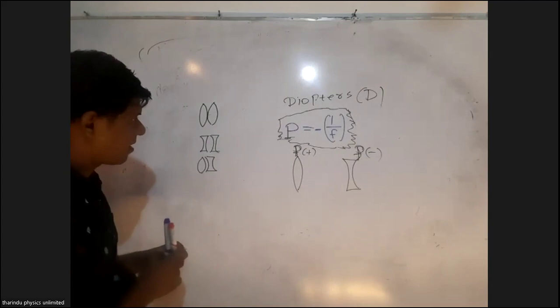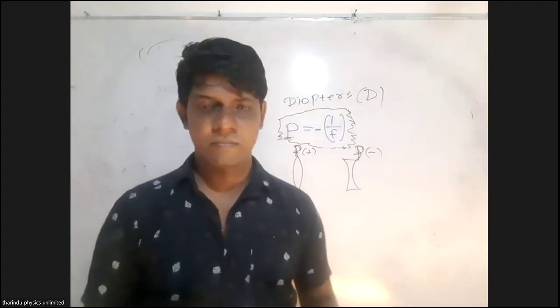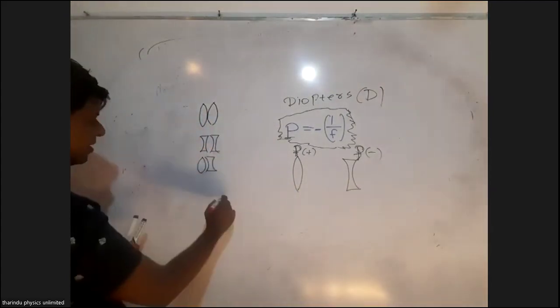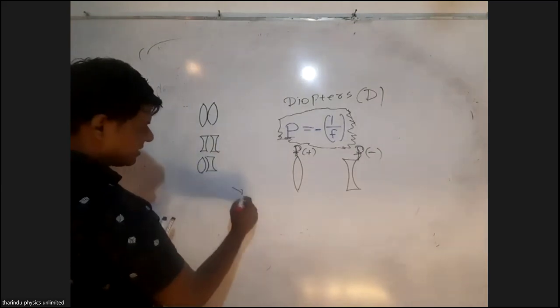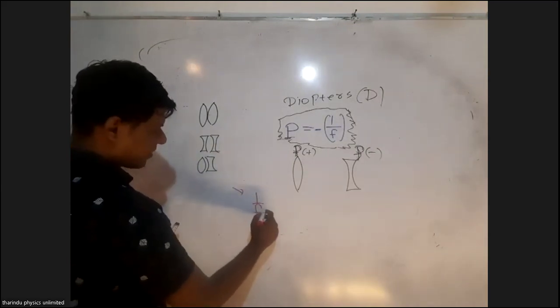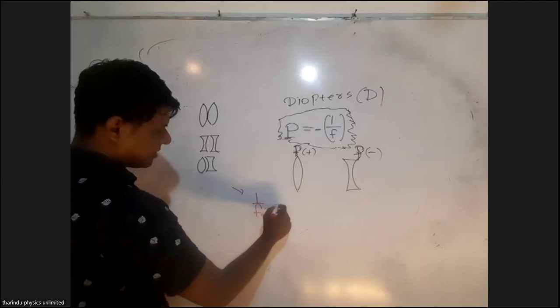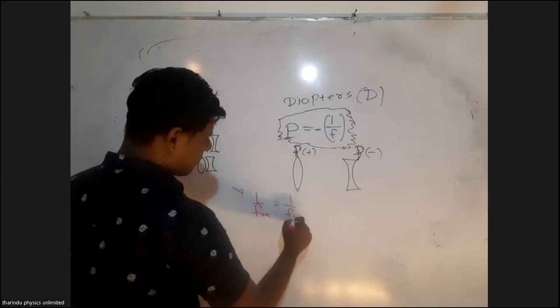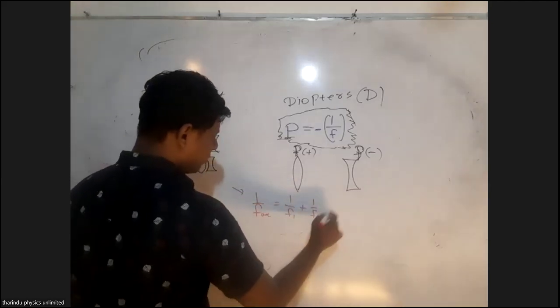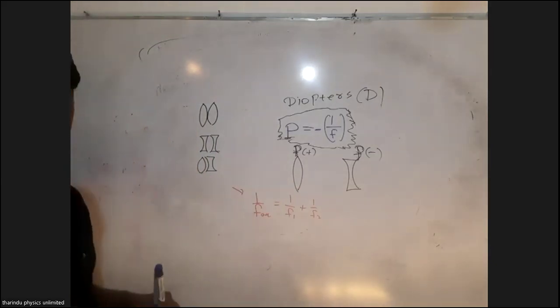We had a general formula for these: 1 over f equivalent equals 1 over f1 plus 1 over f2. Can you remember this?